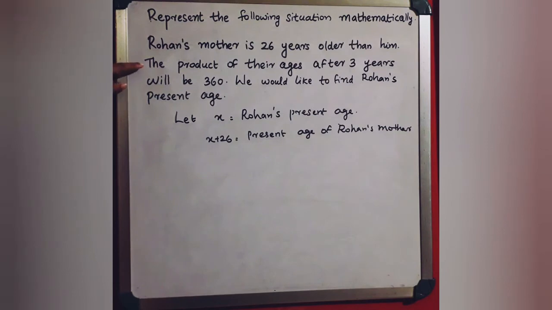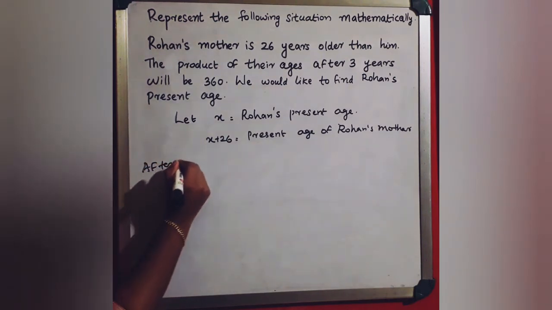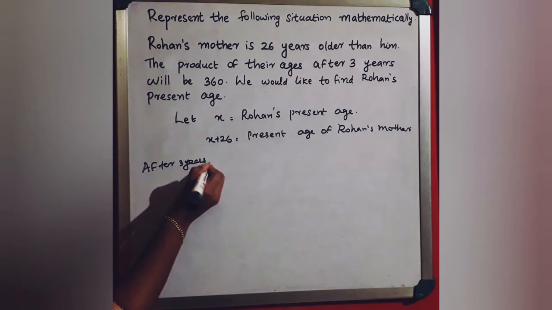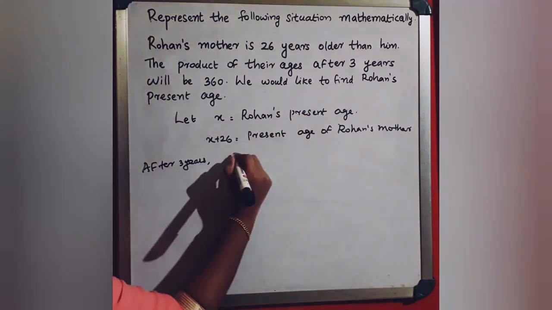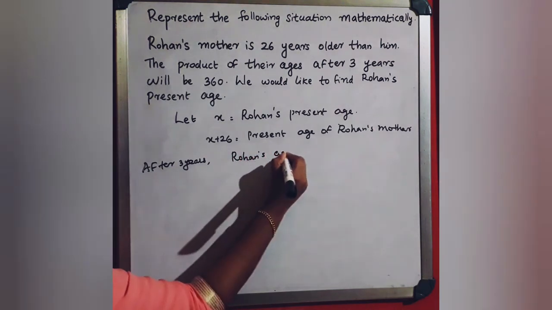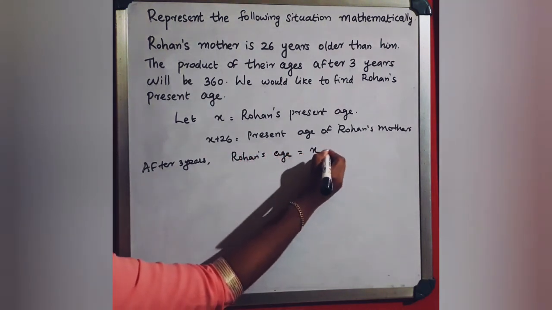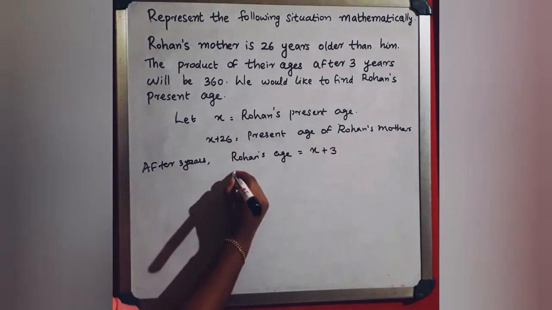Now, the second line indicates the product of their ages after 3 years. After 3 years, what is the age of Rohan? After 3 years, Rohan's age is x plus 3. What is the age of Rohan's mother?